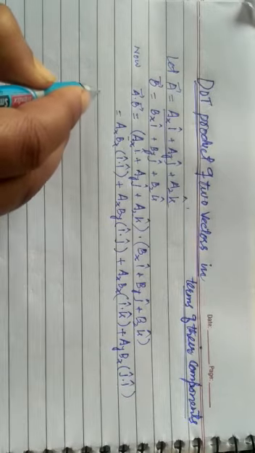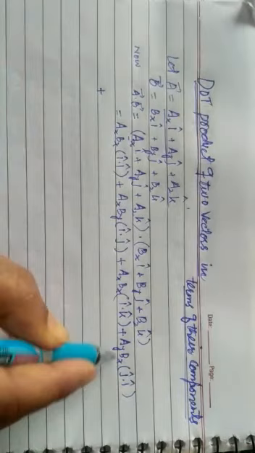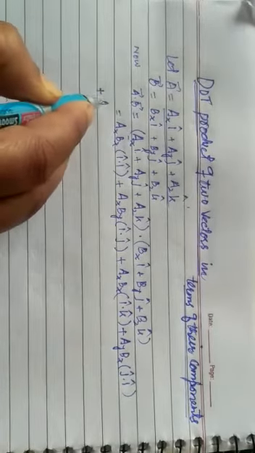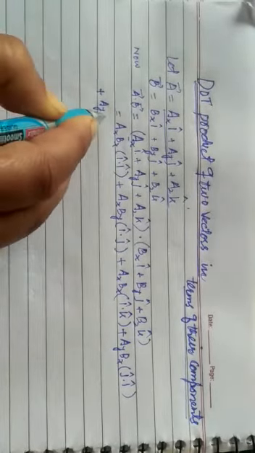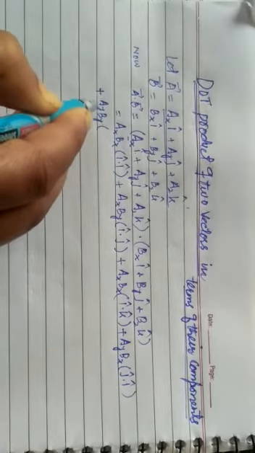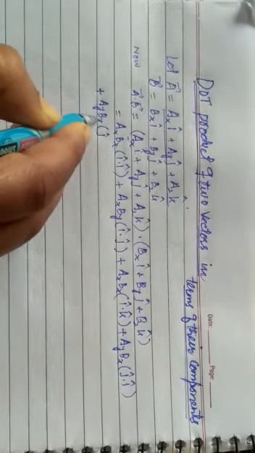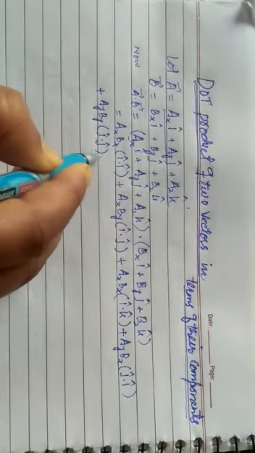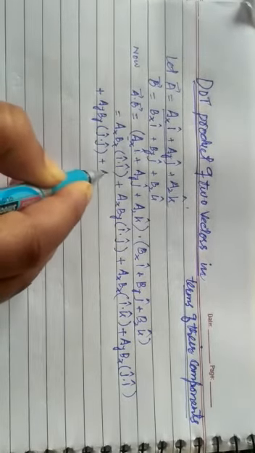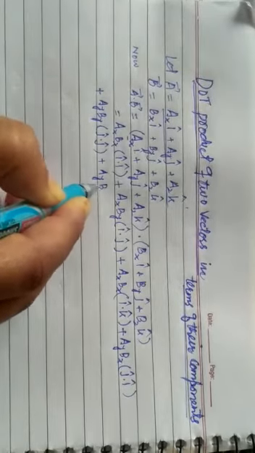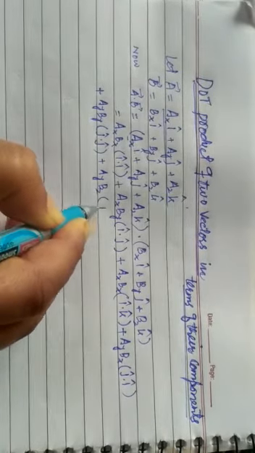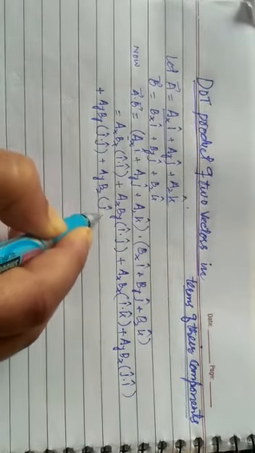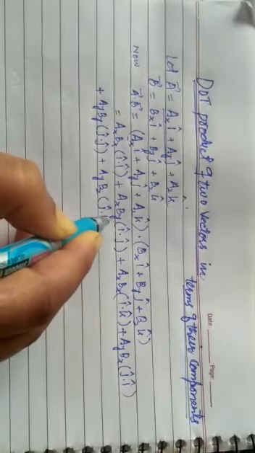Then plus ay by, j dot j, plus ay bz, j dot k.